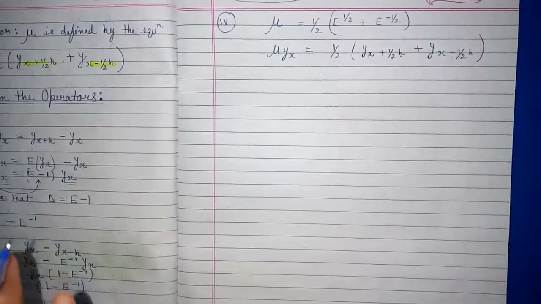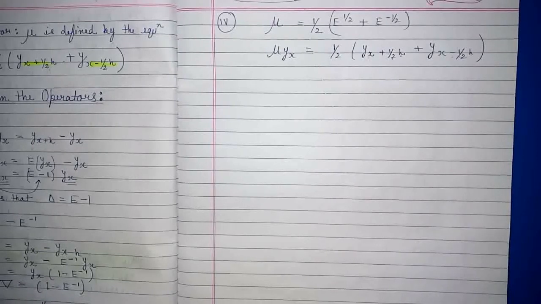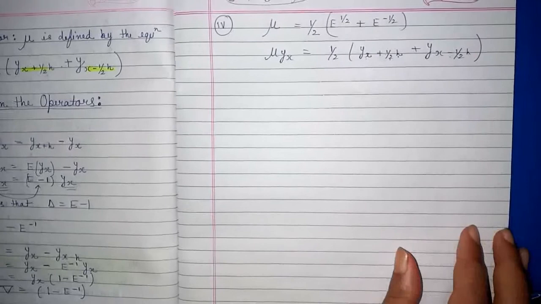This is the difference between them. Please go through all the operators once, like we studied the central operators in the previous class, and today we are studying the averaging operator. Most students get confused that the central operator and the averaging operator are the same, but if the symbols are different, it means the whole criteria is also different. So please go through the previous lecture to understand the difference between the central operator and the averaging operator.